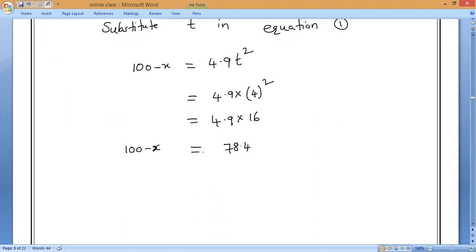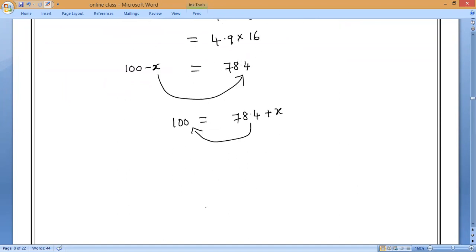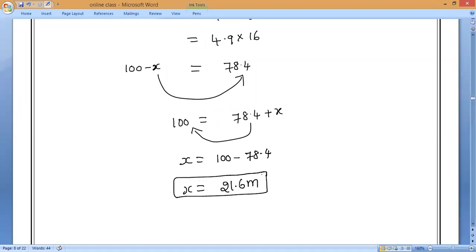Now bring this x to this side, so it becomes 100 is equal to 78.4 plus x, because it is minus x. Now bring this 78.4 to this side, so x is equal to 100 minus 78.4. So x is equal to 21.6 meters. Are you understanding, everybody?